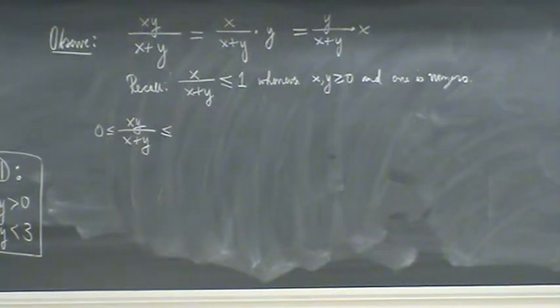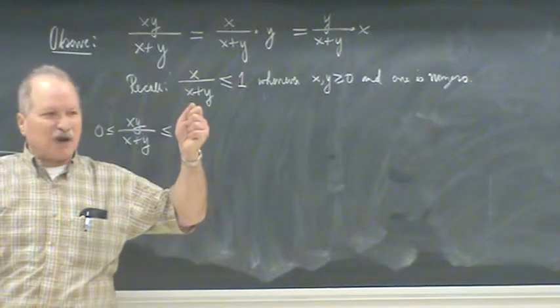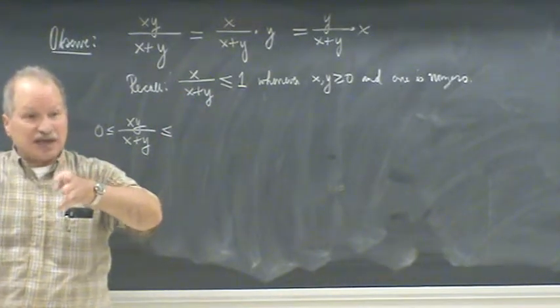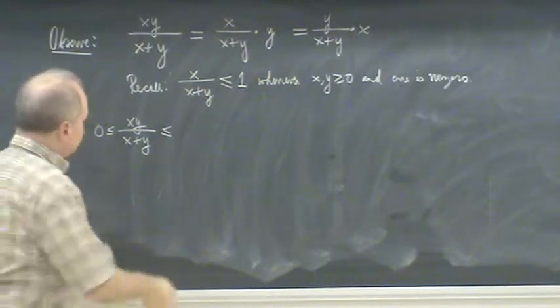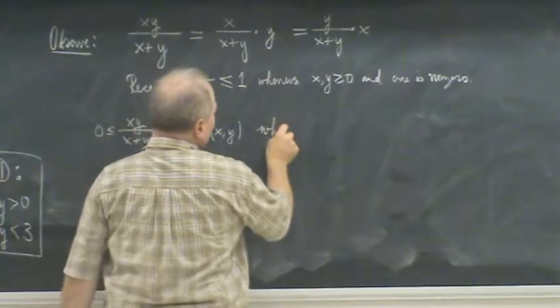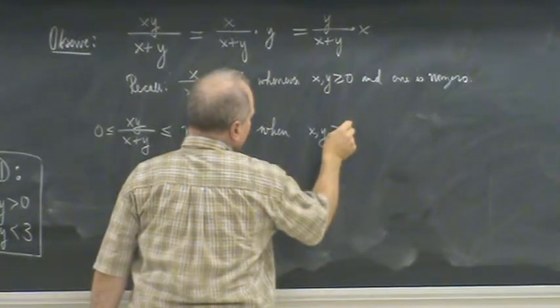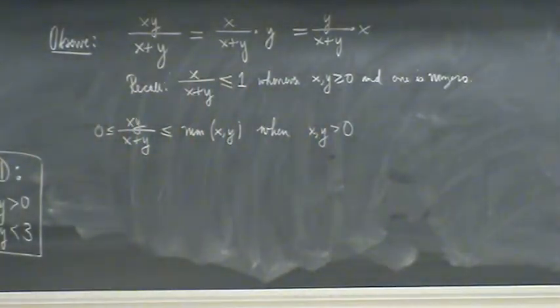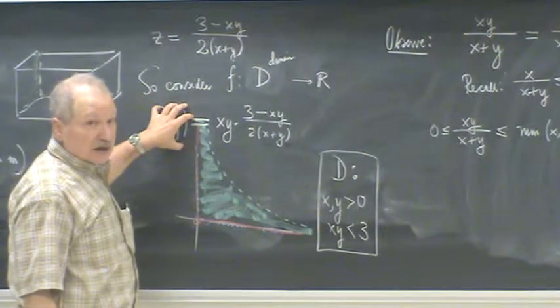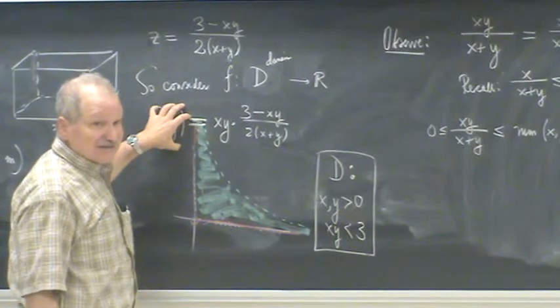Anyone want to bid? Min. If it's less than two things, we thought about this stuff way back in chapter 2. If you're less than two things, you have to be less than the smaller. So in fact, you could define this function to be 0 at 0, and it would be continuous.